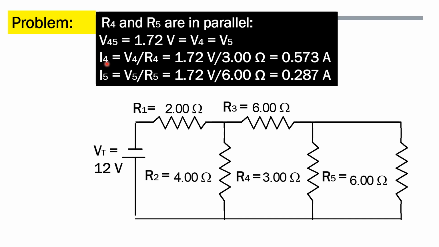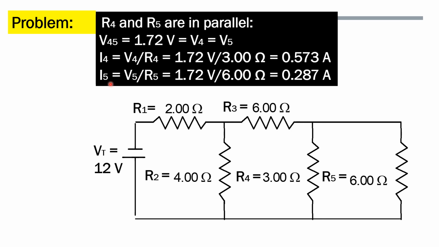To compute for I4, of course, using Ohm's law, we just substitute V4, which is 1.72 volts, and the given resistance of R4, which is 3.00 ohms. Hence, we get the current through it, which is 0.573 amperes.